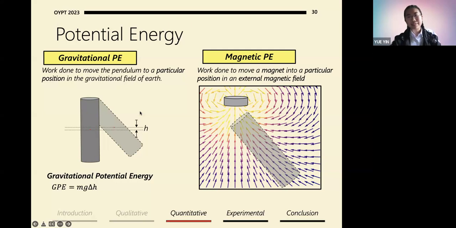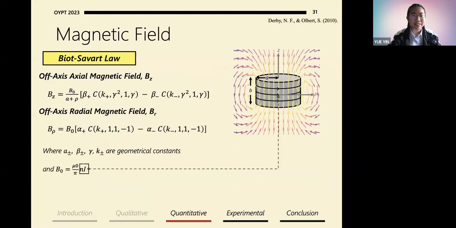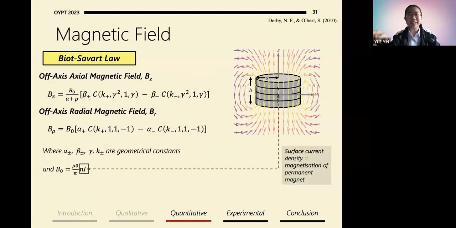Now, to find this magnetic field, we can model the permanent magnet as a current cylinder, which is a trick you might see a lot in IYPT reports, if you watch. What you do is make use of the Biot-Savart law, which is basically an equation that describes the magnetic field generated by a constant electric current.